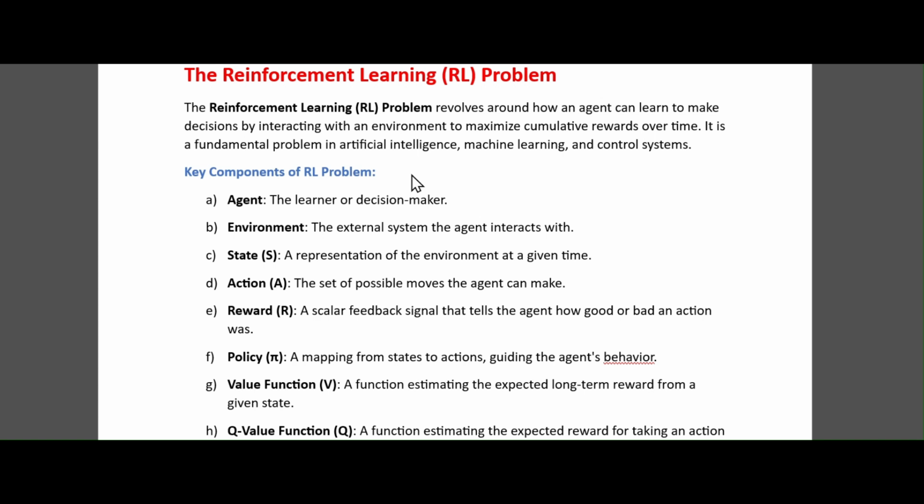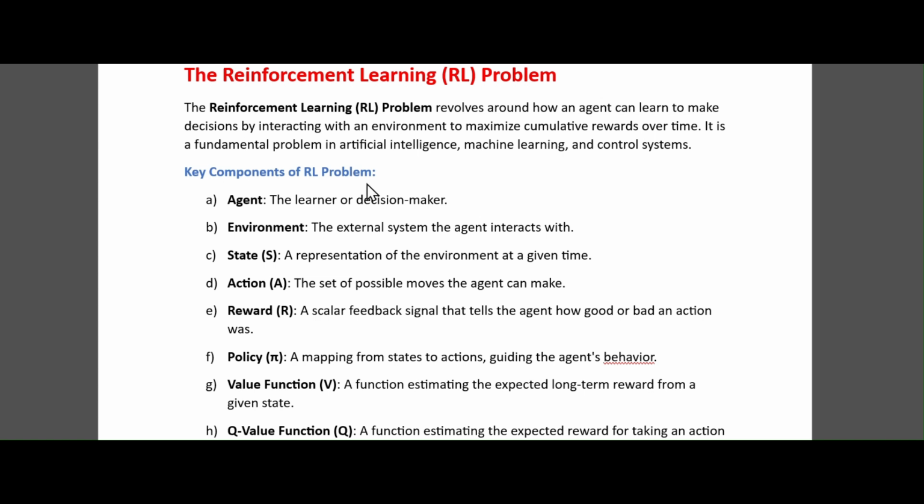So, really, an RL problem is nothing but an agent placed in an environment that must learn to make decisions to achieve a goal. The agent receives feedback from the environment in the form of rewards or penalties, which guide its learning process.